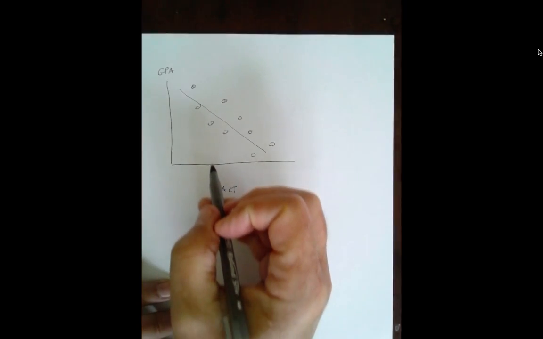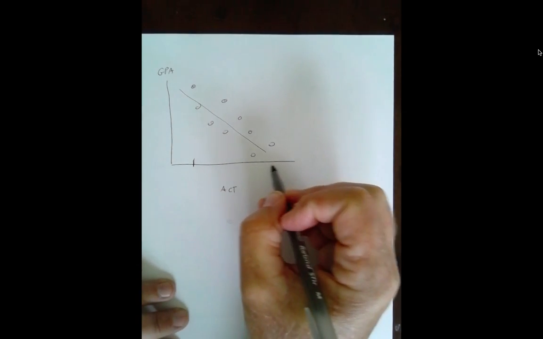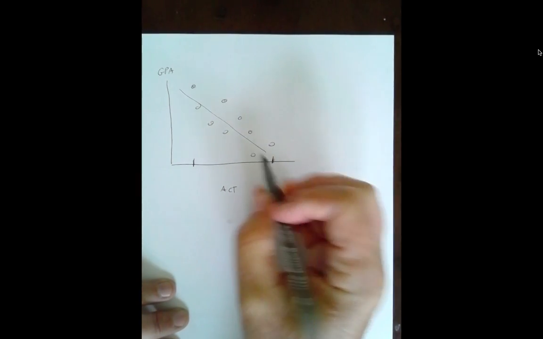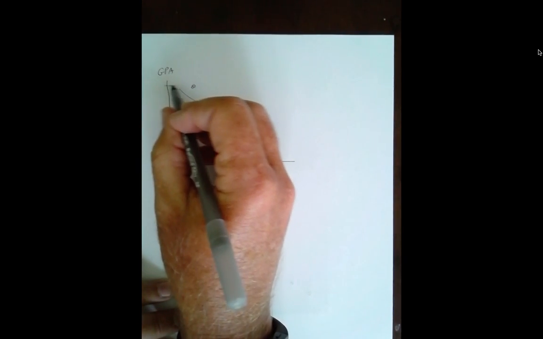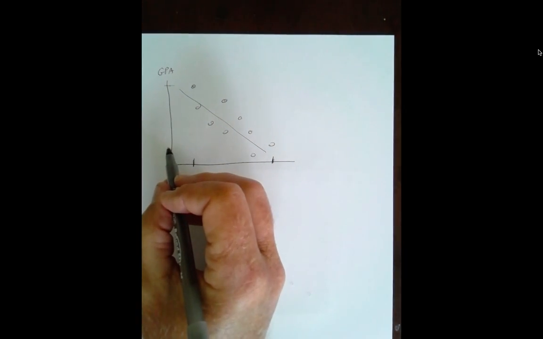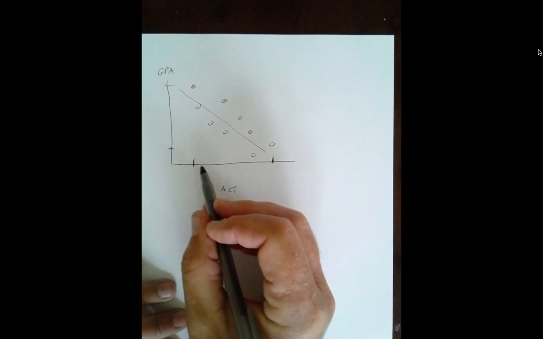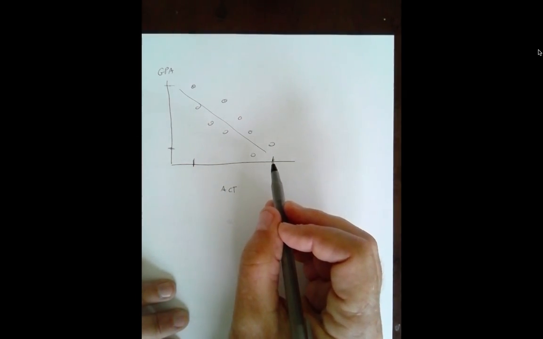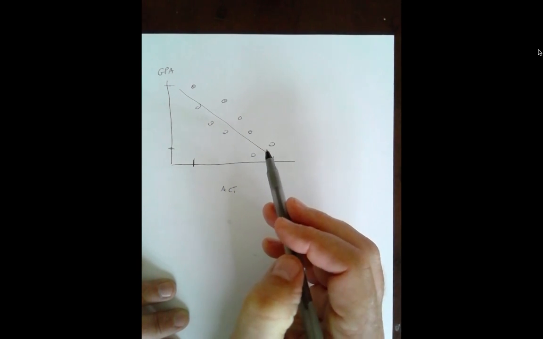But what happens here? As I compare a lower ACT with a higher ACT, the lower ACT seems to have a higher GPA, and the higher ACTs tend to have a lower GPA. So a negative tendency says as our X variable increases, our expectation of the Y variable decreases.